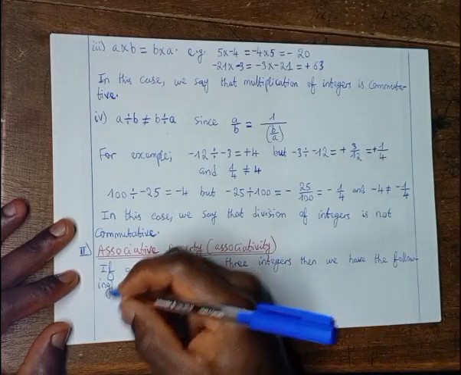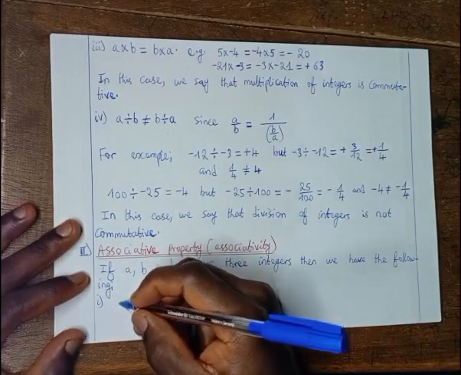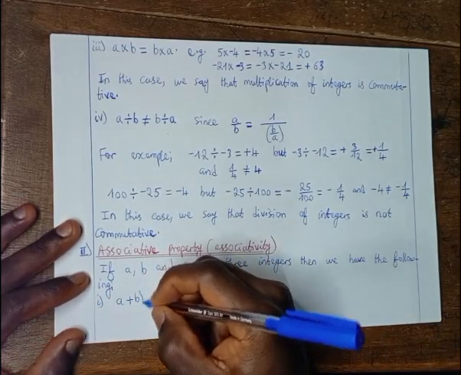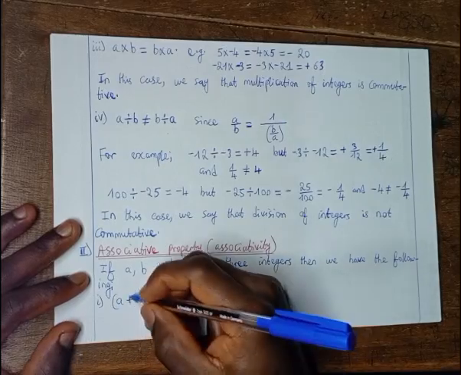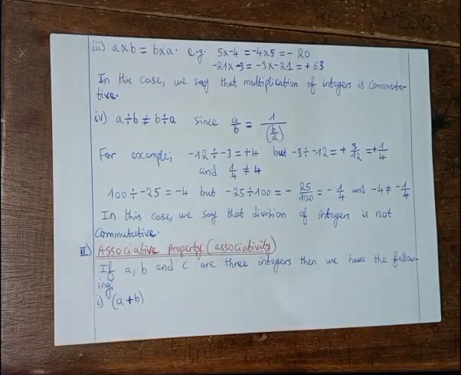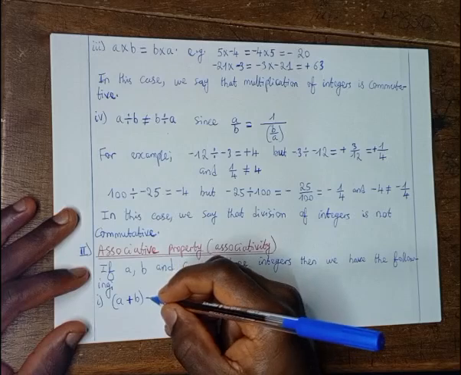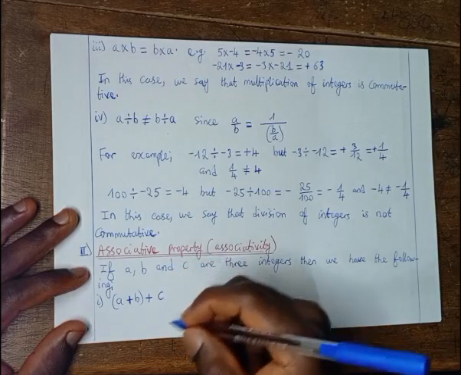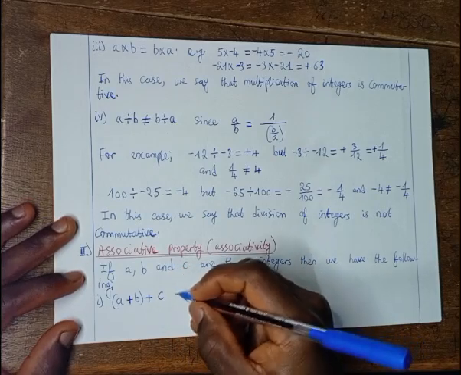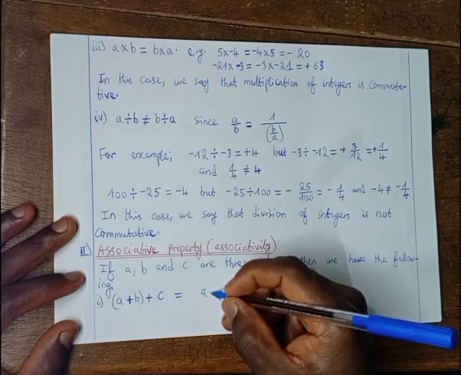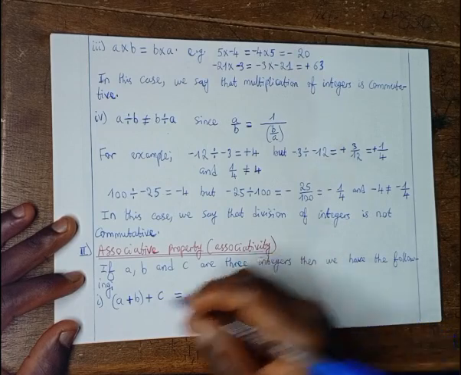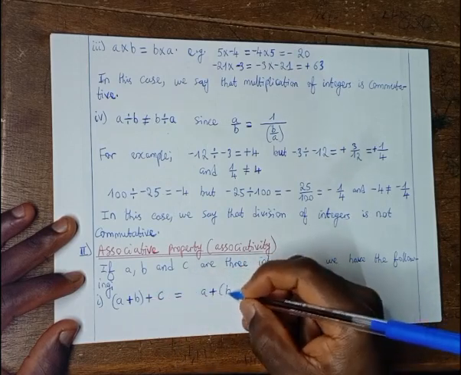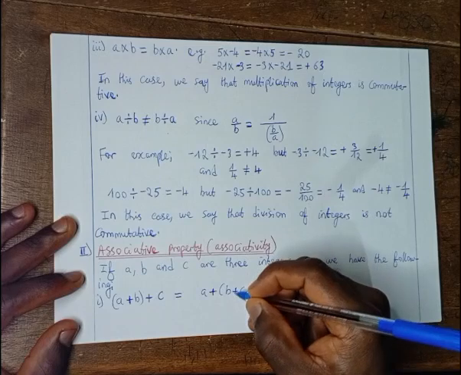First one, small i: if we take A plus B first, that means we add the two numbers A and B first, we get the result, then we add the number C. It is the same as A plus the result when you add B and C first.